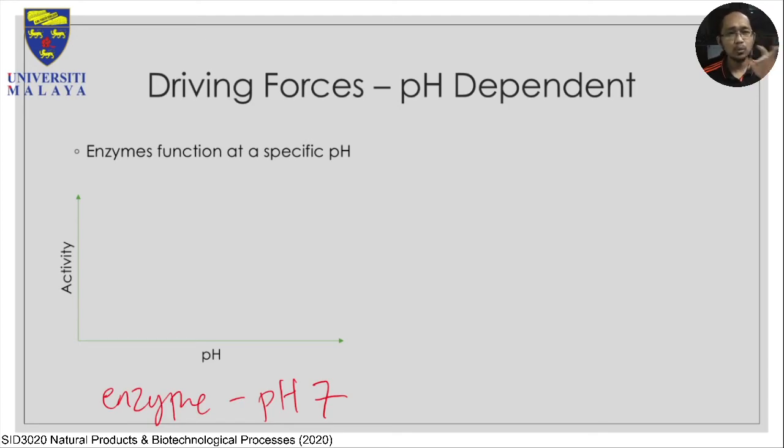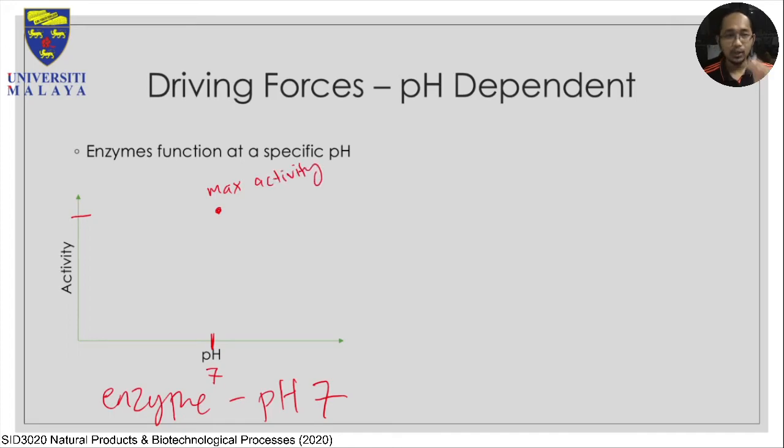It normally works at slightly lower than 7, but we're just going to say 7 in the middle. Amylase, if I'm not mistaken, is about pH 7.7 or 8. In the middle is the sweet spot, the optimal condition for the enzyme, so of course the activity is at maximum.